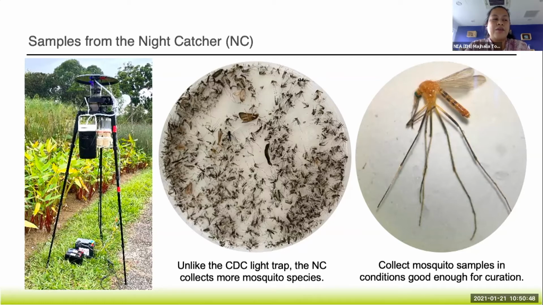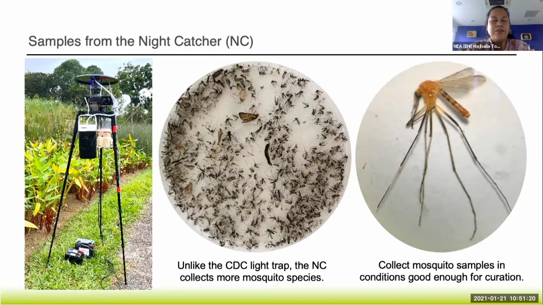For the night catcher, at least, because of this rotation of the bottles, you change the bottles every hour. And also we add this CO2 to it. And then when we do that in combination of CO2, and then the rotation of the bottles for different time intervals, we are able to simulate, not the human landing catch, but rather, what do you call this?